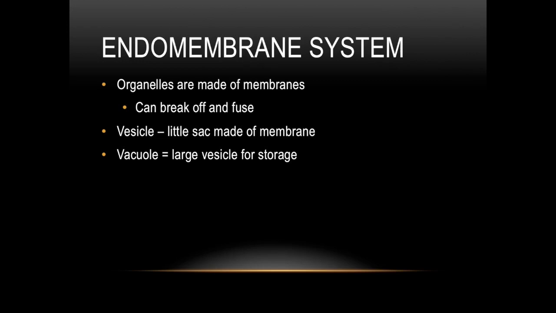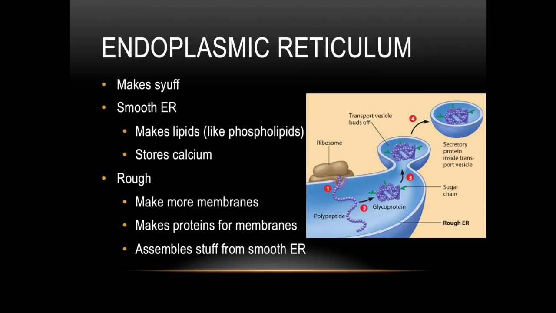So, most organelles are basically just made of membranes, and so we call it the endomembrane system. I'm looking at section 4.8 on page 59 in your book. Most of the organelles in the cell are made out of membranes, so they're still made out of this phospholipid bilayer with proteins embedded on both sides.